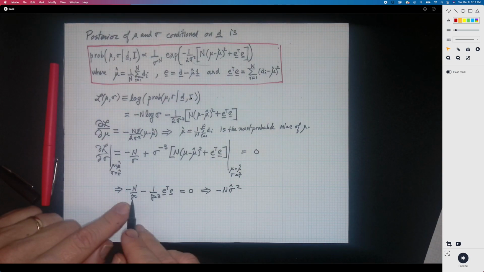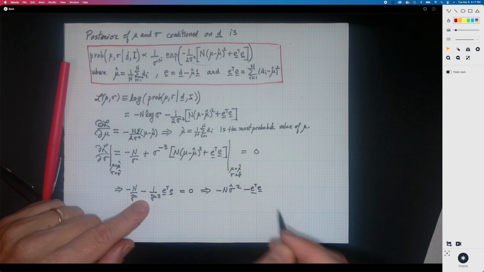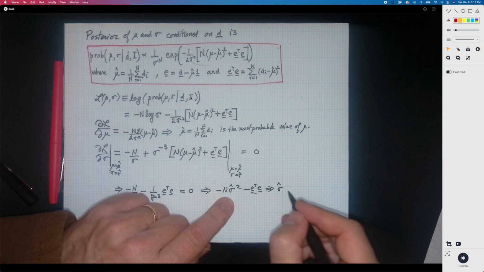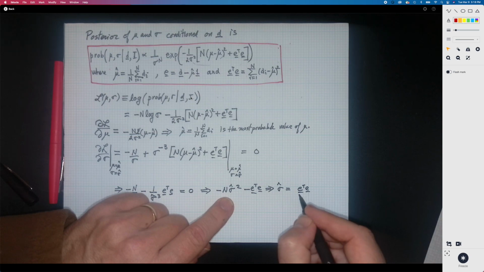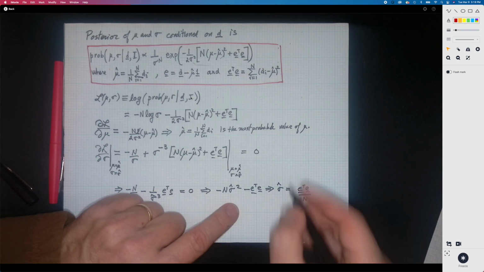One will cancel from the bottom, minus E transpose E, which means that the most probable value of sigma is equal to E transpose E divided by n squared.